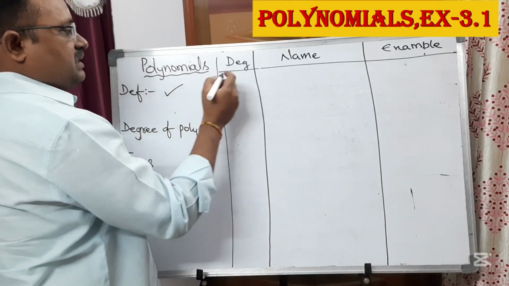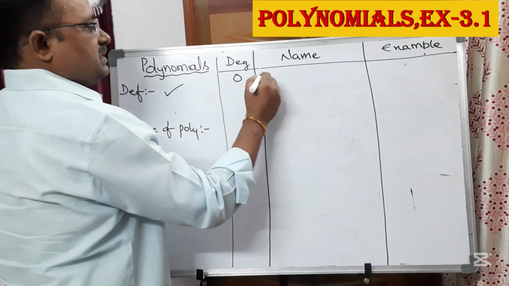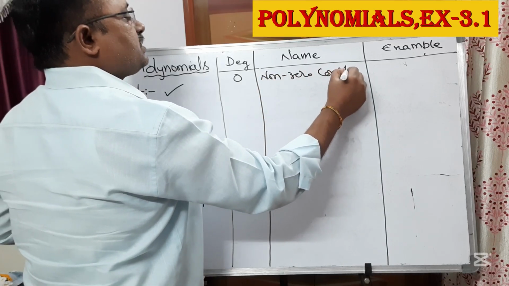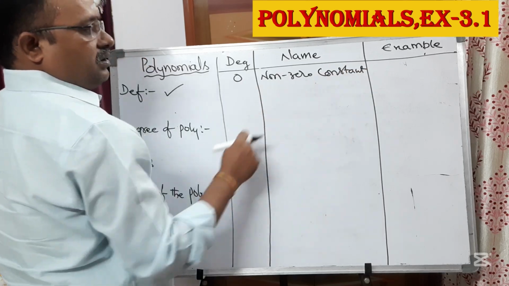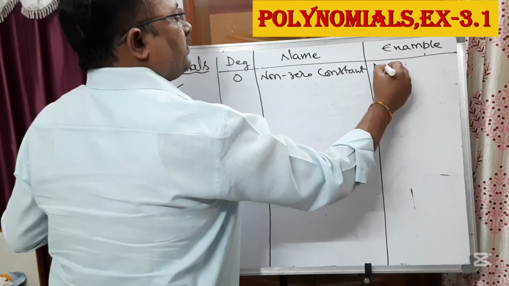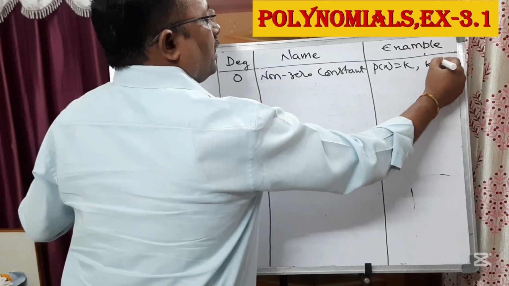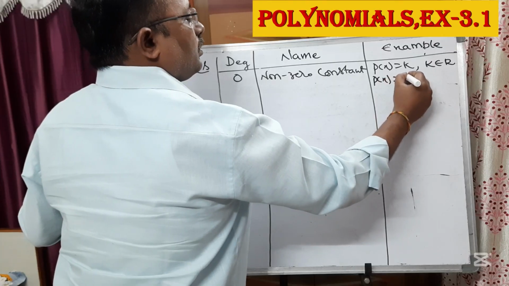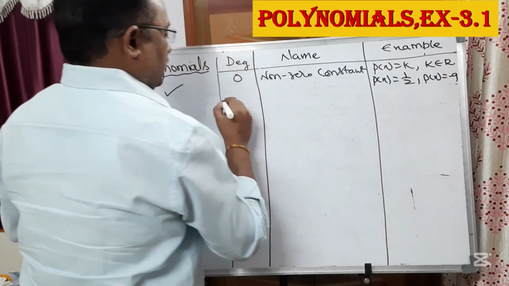If degree is 0, then that is called a non-zero constant polynomial. Examples, p of x equal to k, k is any real value, k belongs to R, such as p of x equal to 1 by 2, p of x equal to minus 9, like that you can take.